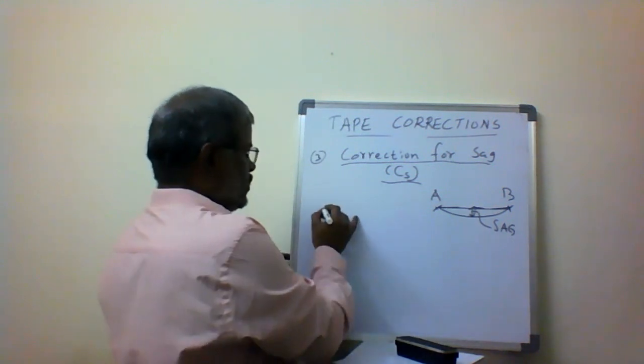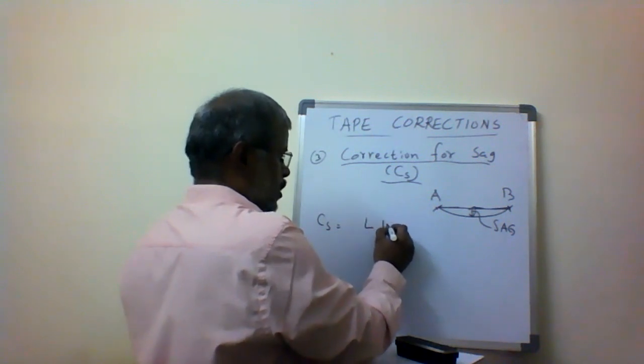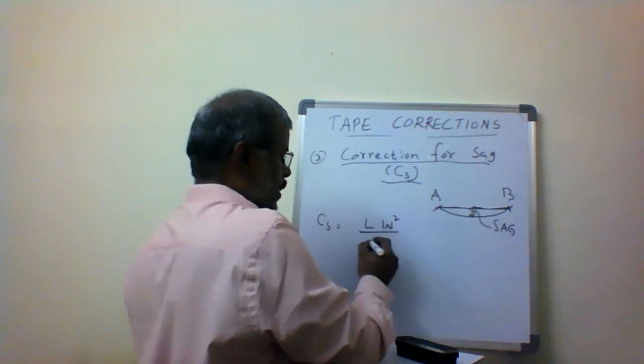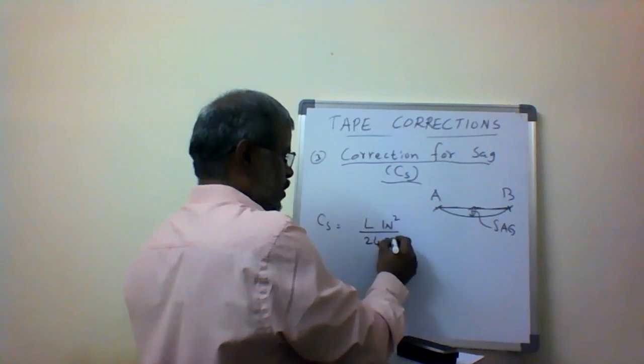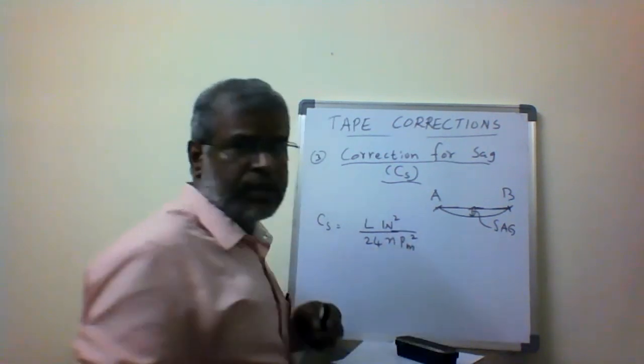So CS equals L W square by 24 N square Pm square. This is the formula.